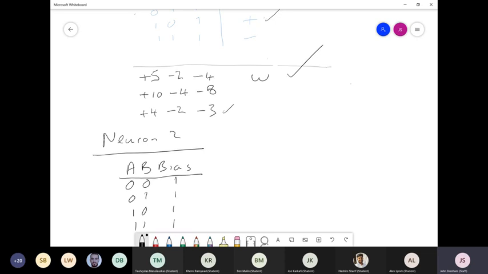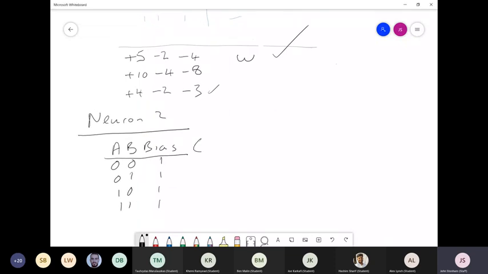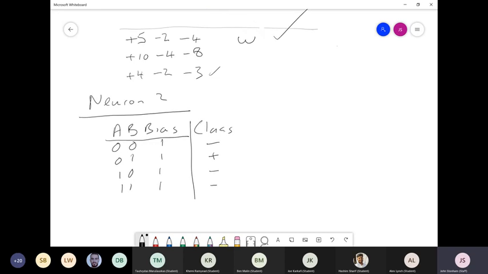And the classes we want, if we refer back to the two-dimensional diagrams for the second neuron, it is going to be minus, plus, minus, minus, and the same with logical reasoning.